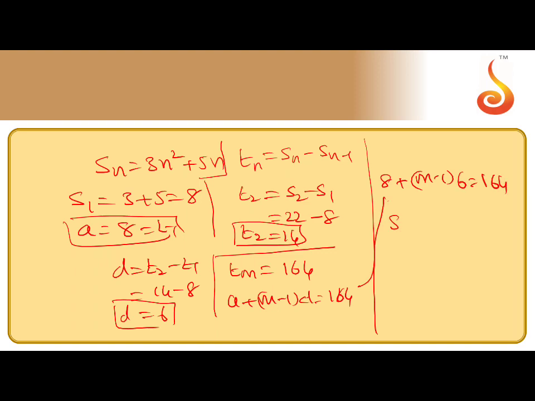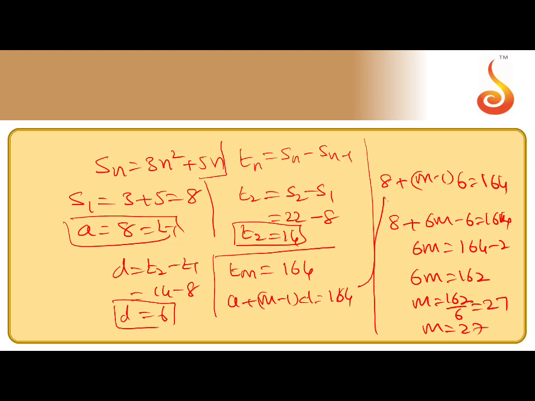So multiply: 8 plus 6m minus 6 equal to 164. So 6m equal to 164 minus 2. 6m equal to 162. m equal to 162 by 6. That gives 27. m is 27. I hope everyone understands.